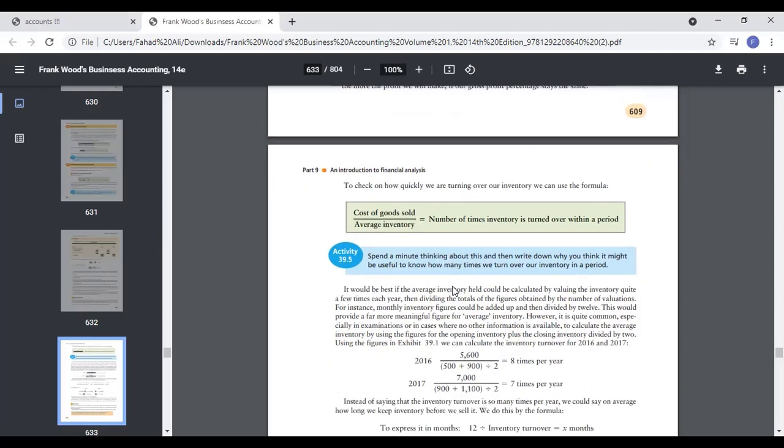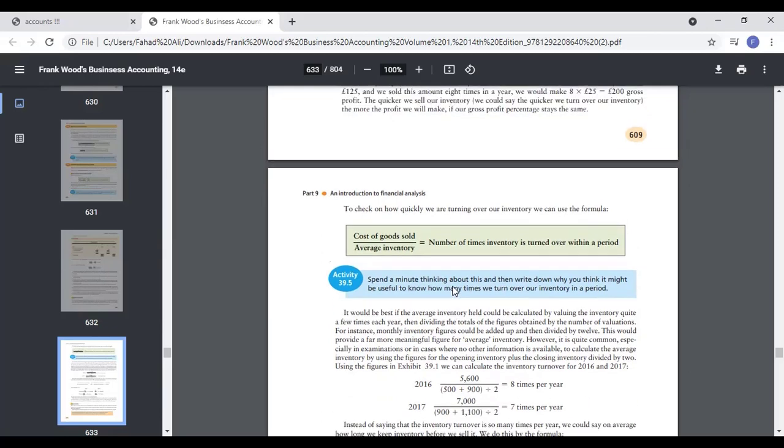But in the case of average inventory, how many types of inventory do we have in our income statement? You have opening inventory and closing inventory, right? So we add both of these and divide by the number of items. What can be the number?